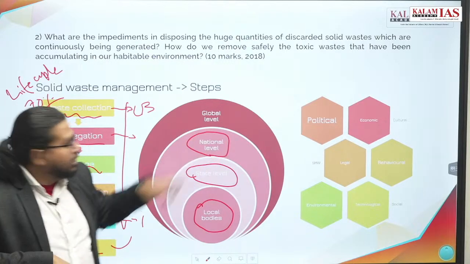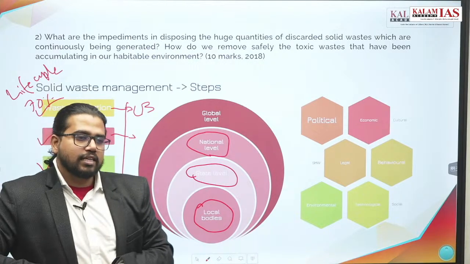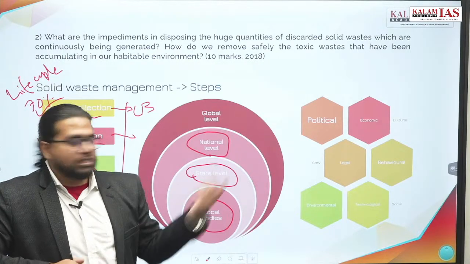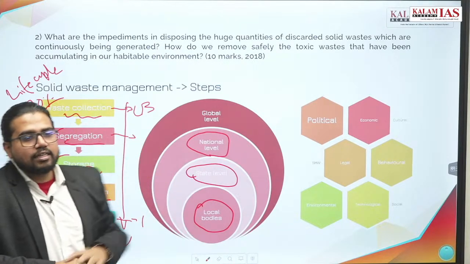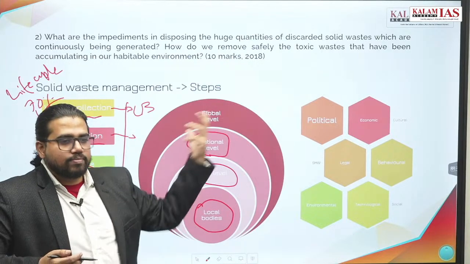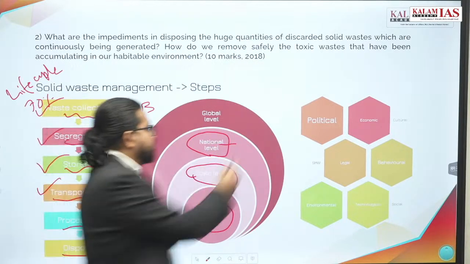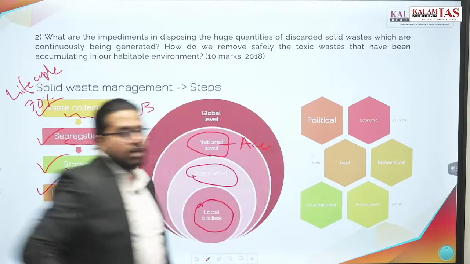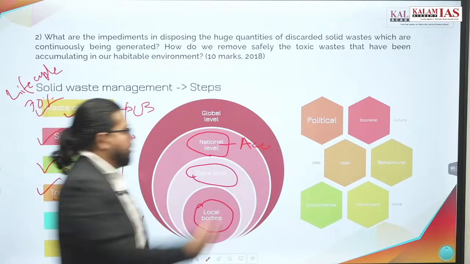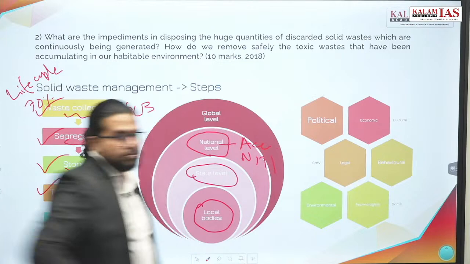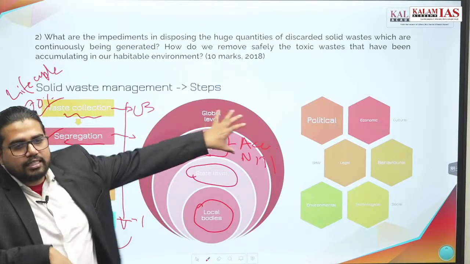National level, what will you write? Legal aspects, some policies, CRZ we discussed, something like that. How to check accountability, checks should be there, Niti Aayog should be part of it. So all this can be done at the central level.